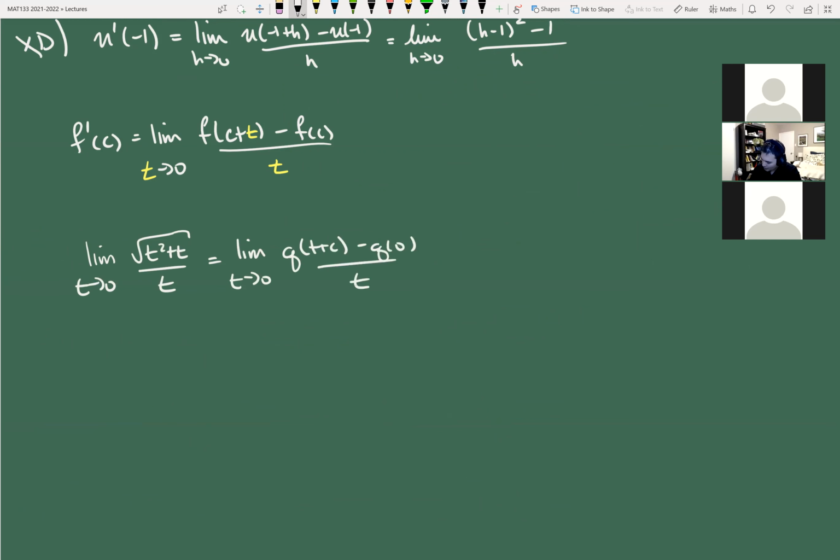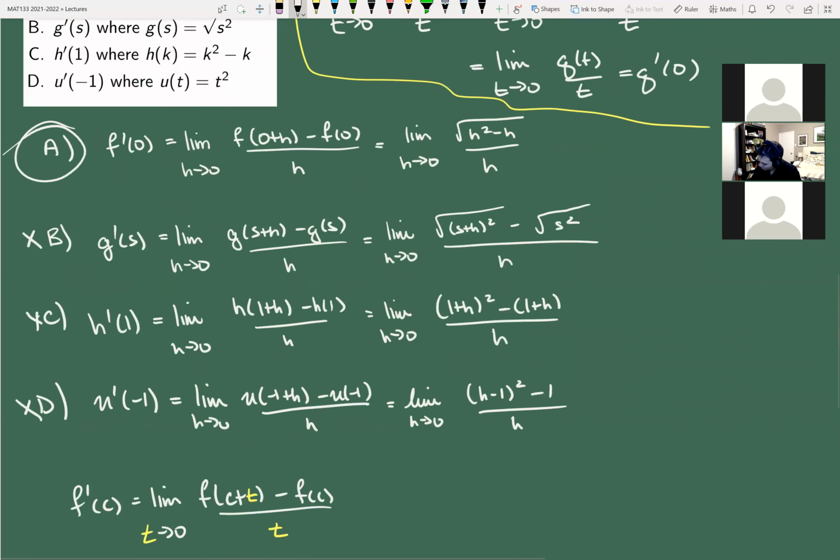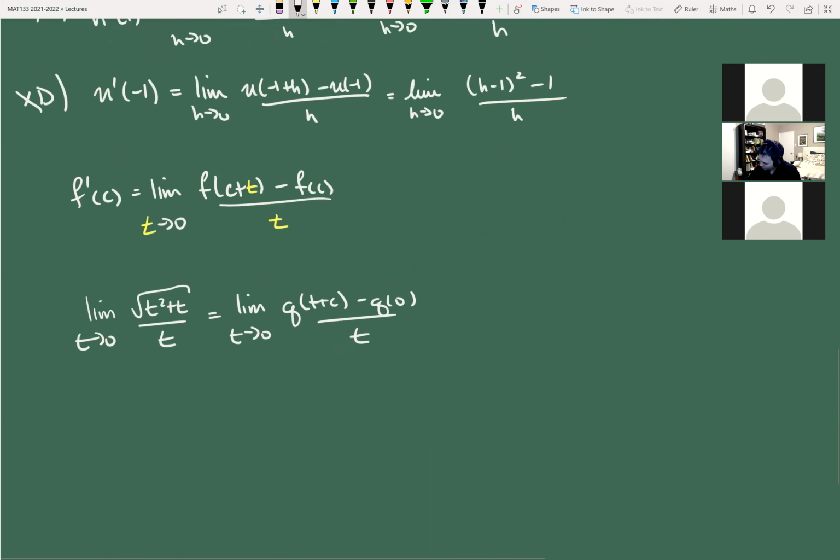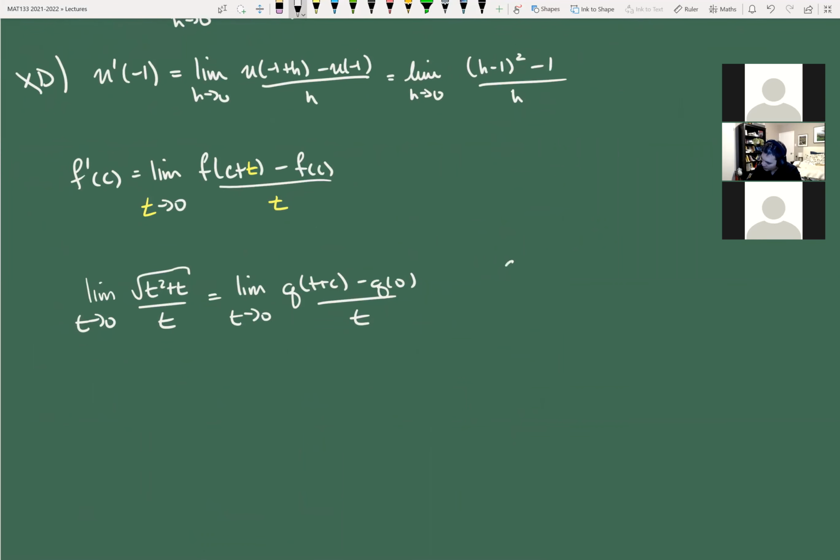right? There is no Q of 0 here. Oh, it's in the Q of T, right? So basically my argument here is C must be equal to 0 and Q of 0 must be equal to 0, right? So this is 0 and C is equal to 0. Because there's just nothing else here.